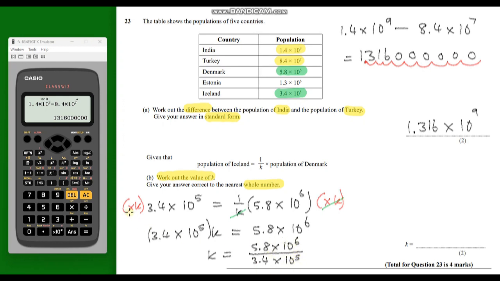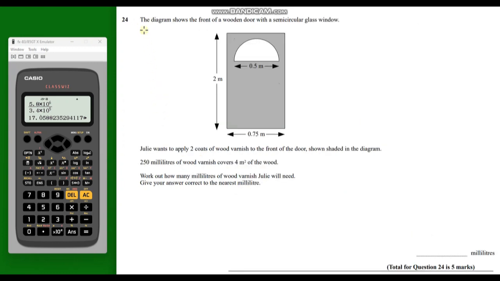So I'm just going to type this into the calculator. 5.8 times 10 to the power 6, all of that over 3.4 times 10 to the power 5. And we get a very long decimal. So I'm just going to write in the first few numbers, 17.058... And then we need to give our answer correct to the nearest whole number. So we can see that this is going to round down to 17. So k is 17.